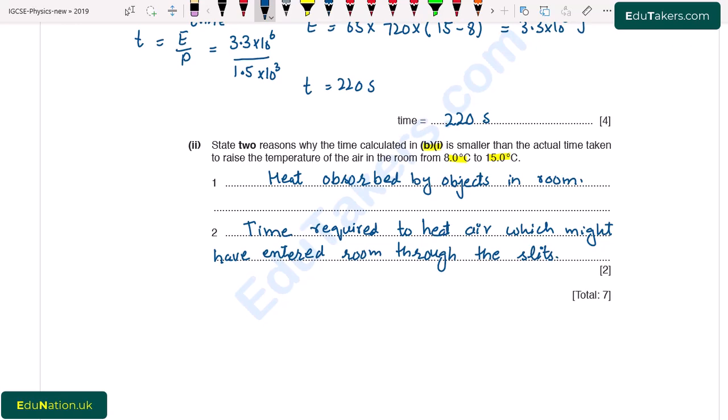So this is the basic reason why the actual time is always greater than the calculated time.